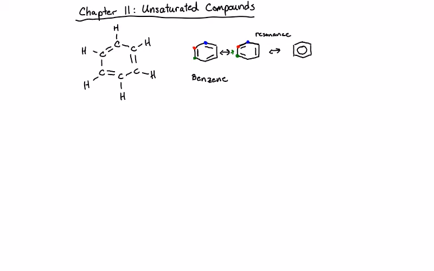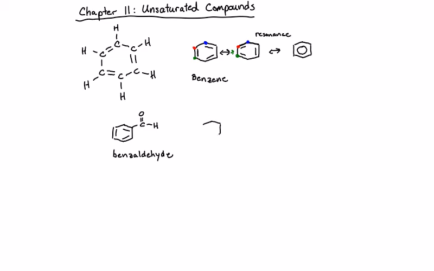Suppose that you have a benzene ring, and we put an aldehyde on it. We call this benzaldehyde. And benzaldehyde is a very sweet smelling compound. Smells a lot like almonds or maraschino cherries.